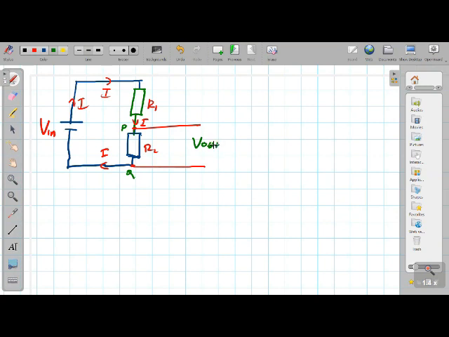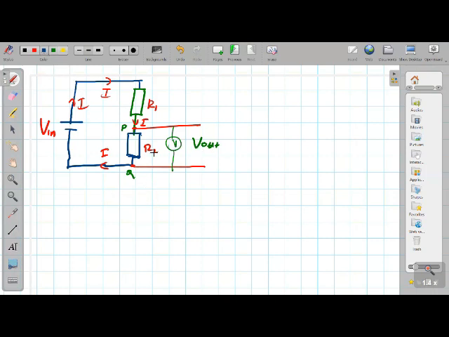Got the point? So you can connect a voltmeter there and measure that. So how do we get this voltage?